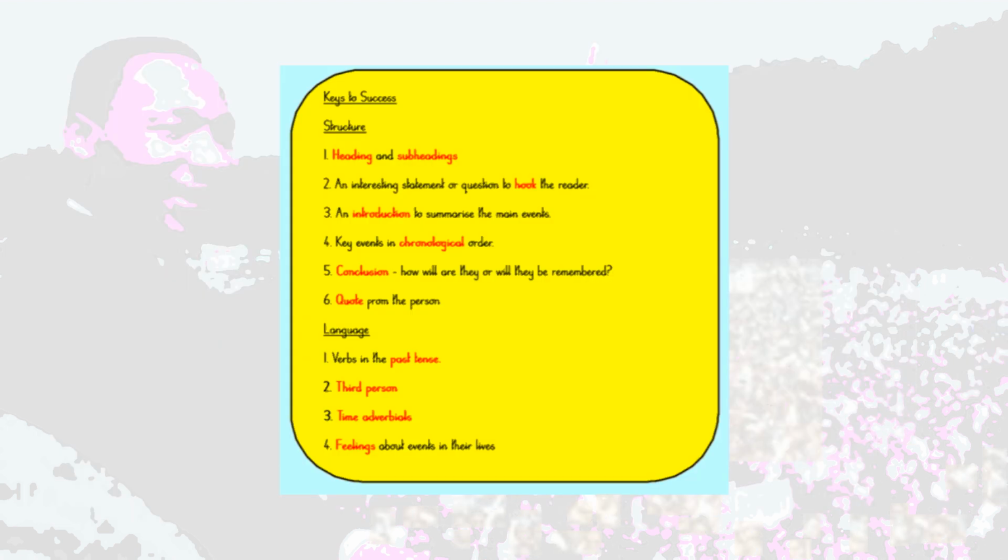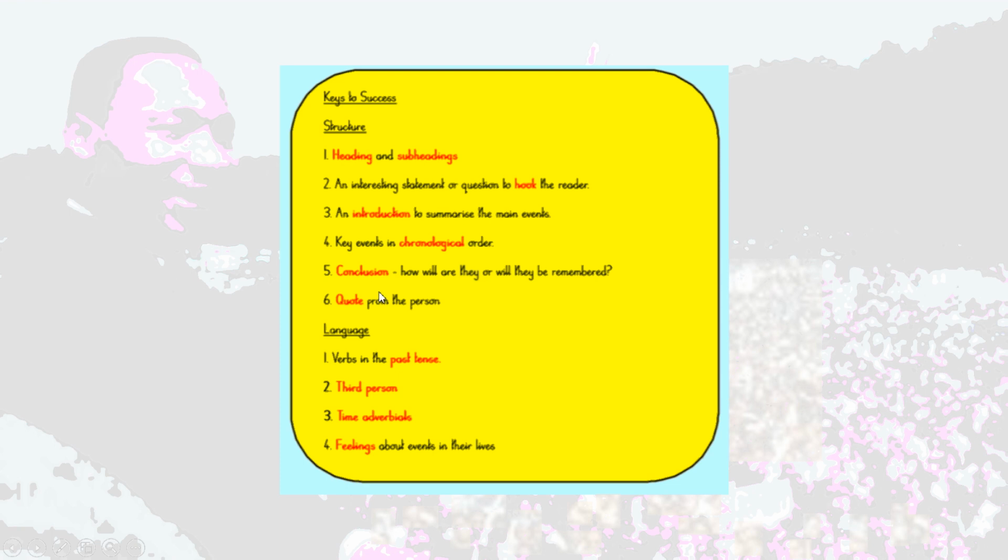Okay then, so just a quick reminder of the keys to success, which are the features we would find in a biography. So you would have headings and subheadings, an interesting statement or a question to hook the reader. This could be a subheading too, or it could be a little short sentence, something to make people want to carry on reading. An introduction to summarise the main events or the main things about the person.